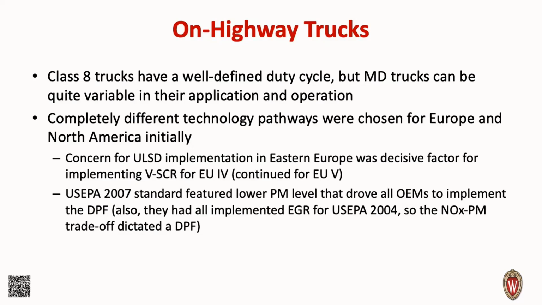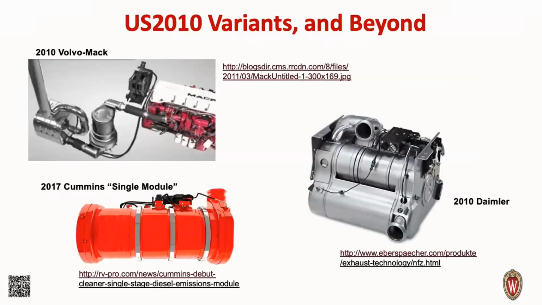And completely different technology pathways were chosen if you are in Europe or North America initially. Let me show you some examples. So here are some really interesting variants, right? You see this Cummins single module, you see this Daimler box design, and you see Volvo Max setup here. Very, very interesting different designs on the heavy duty.